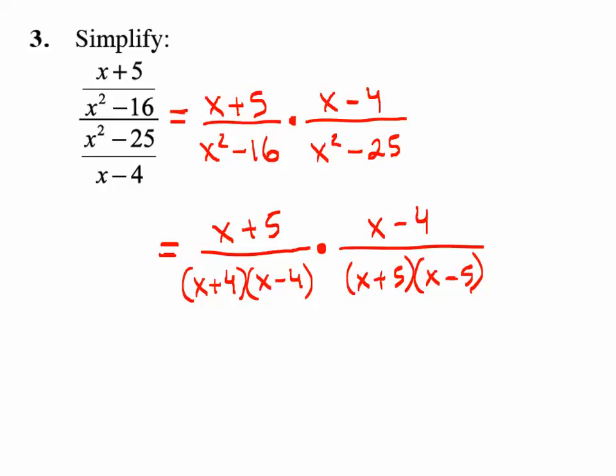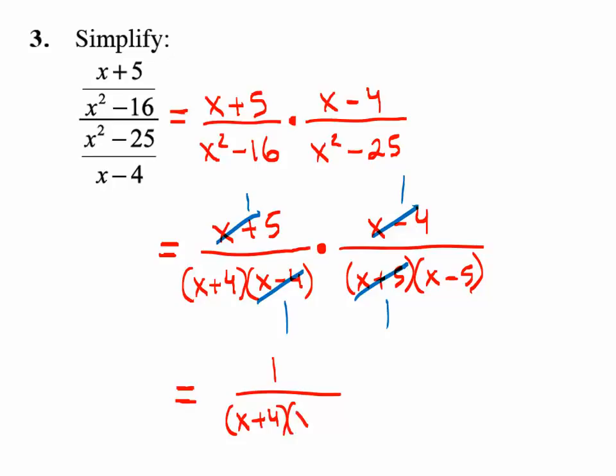And now you can see which are the like terms you want to get rid of. The x minus 4s are gone, the x plus 5s are gone, so final answer, how about 1 on top? It's a unit fraction. I get (x plus 4)(x minus 5).